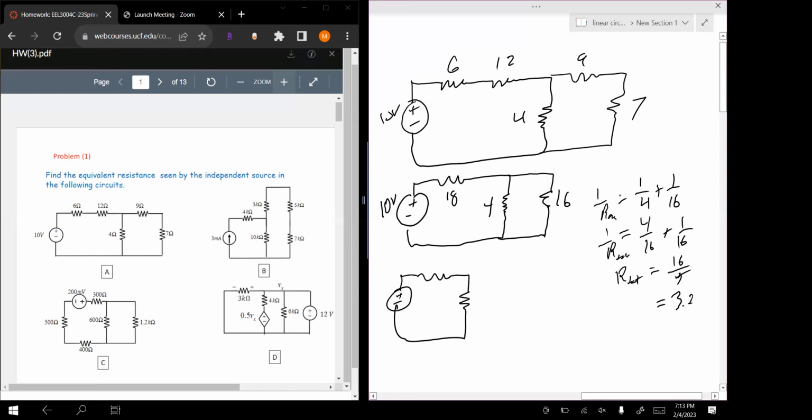So resistor, 10 volts, 18, 3.2, which means that the total resistance of the circuit is going to be 21.2. Does anyone disagree with that?